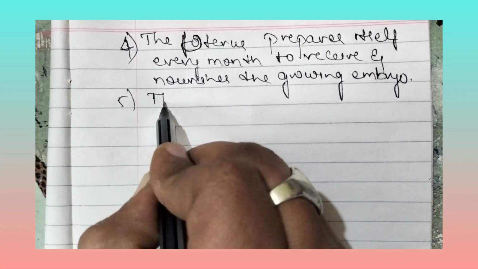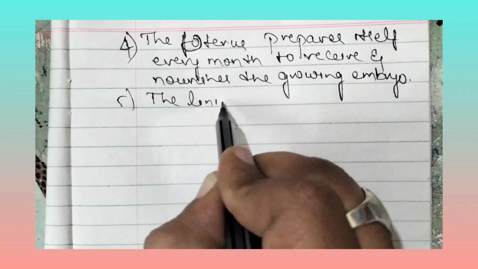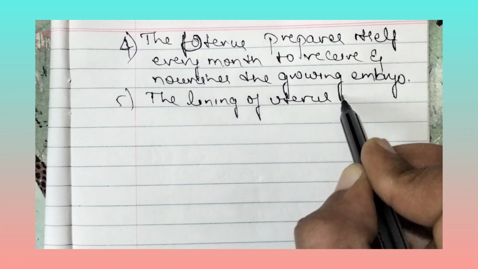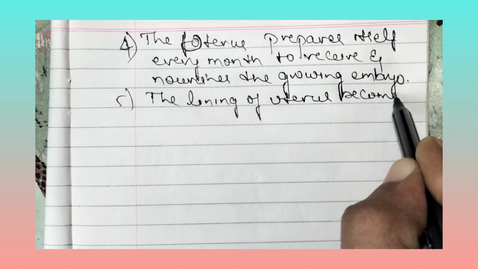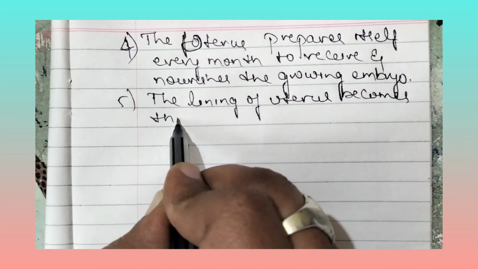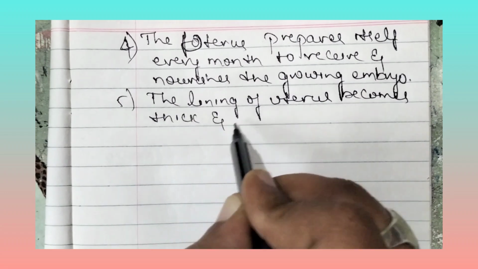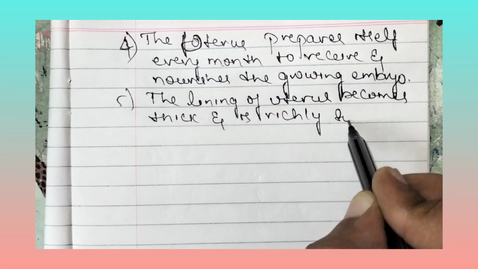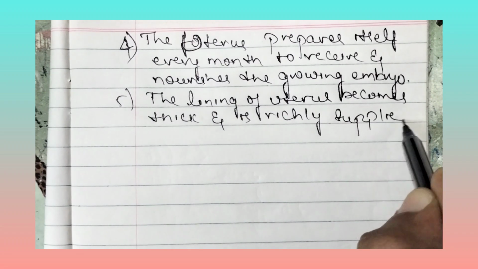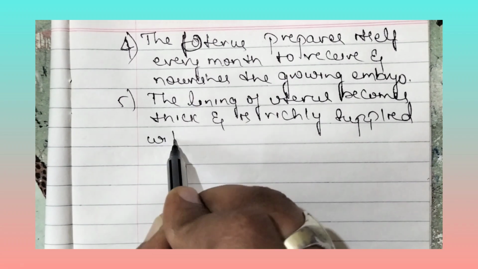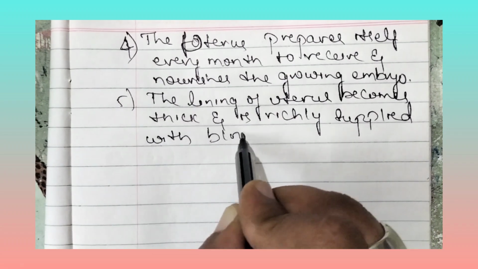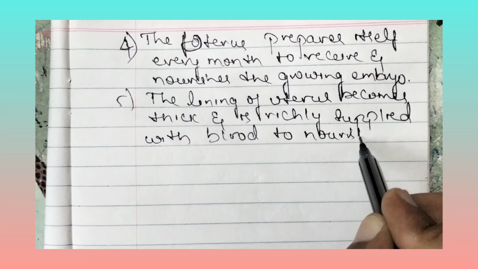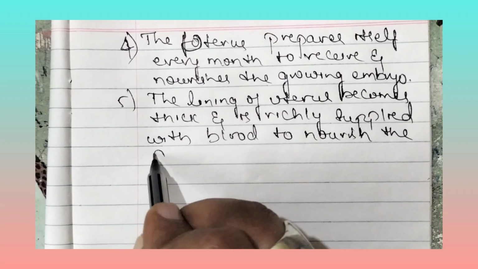Then the lining of uterus becomes thick and is richly supplied with blood to nourish the growing embryo.